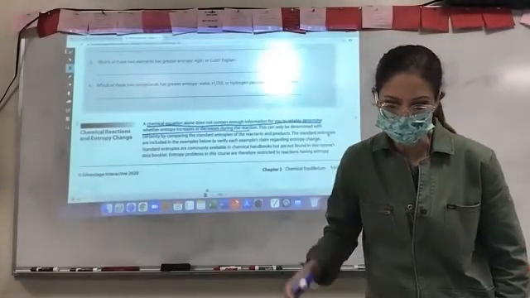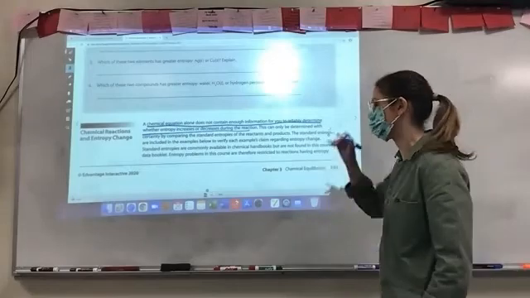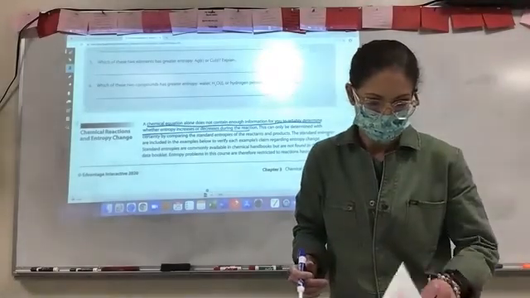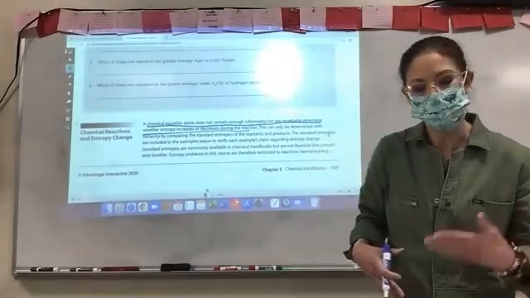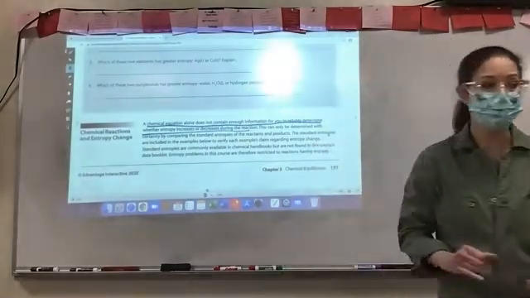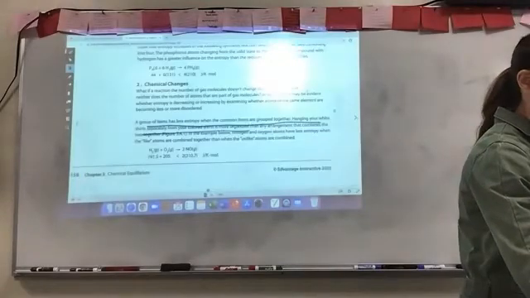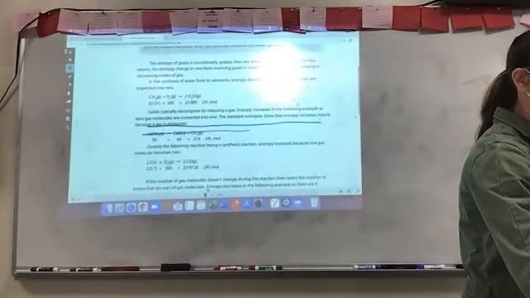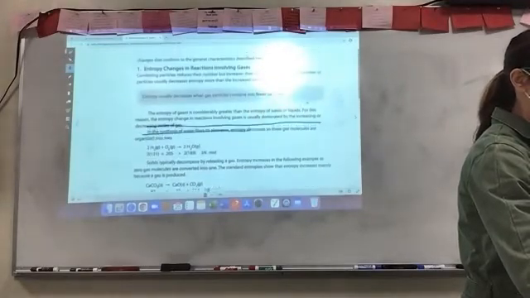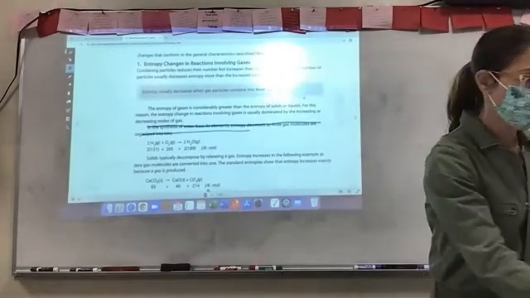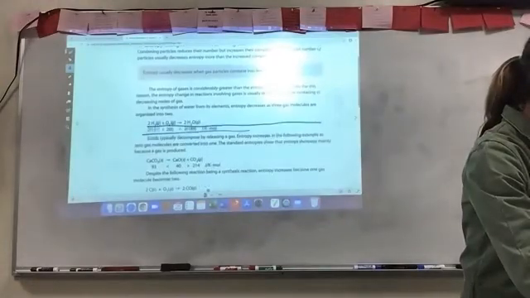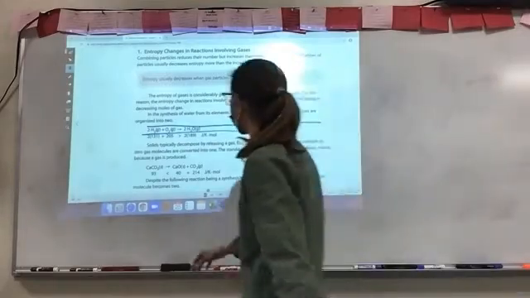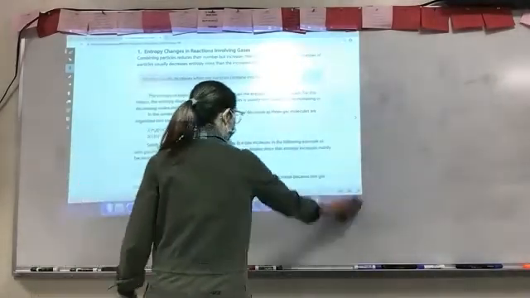Technically you can only determine that by looking at the standard entropy values in the table. But since we aren't going to be actively using those standard entropy values, we're just gonna generally determine whether entropy is increasing or decreasing by using a couple of sort of definitions. So let's take a look at the next page.